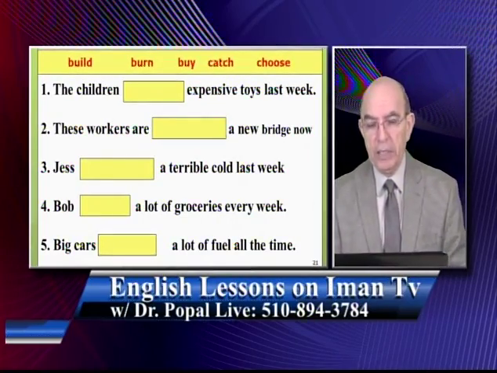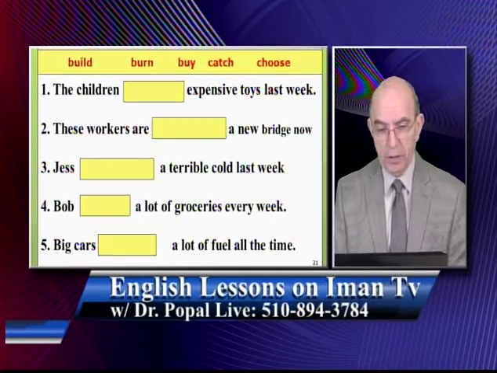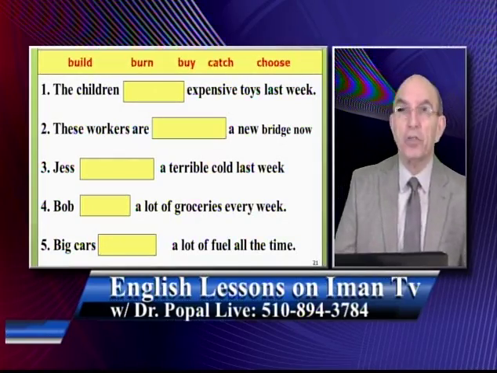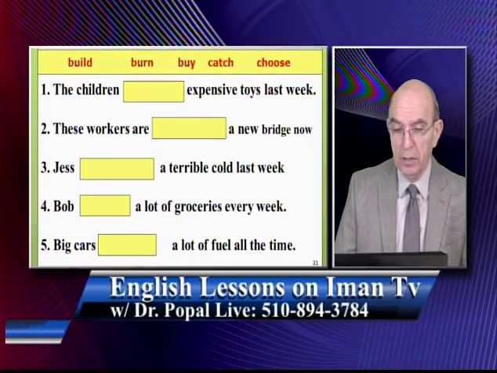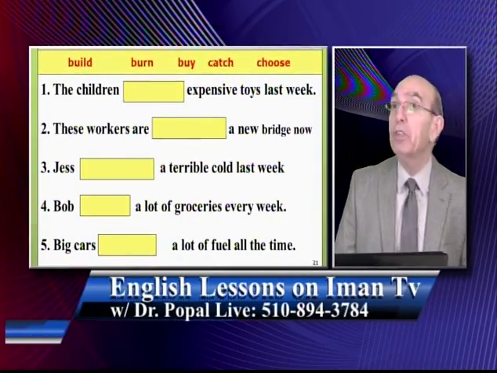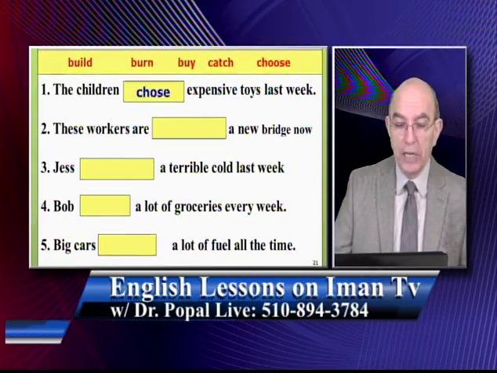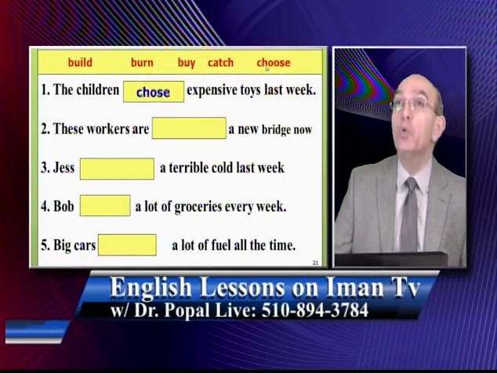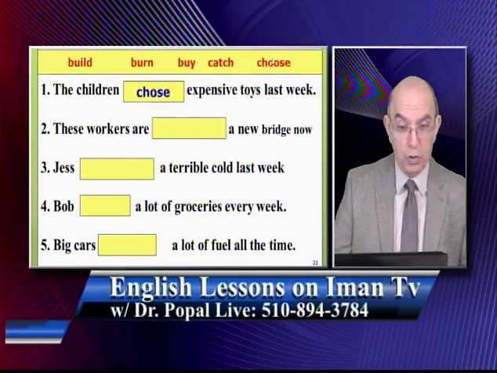The children, blank, expensive toys last week. Which one is the right answer for this? The children what? And because of last week, whatever you choose, you have to use what? The past form of it. So you could say, the children chose expensive toys last week. So you need to say chose.